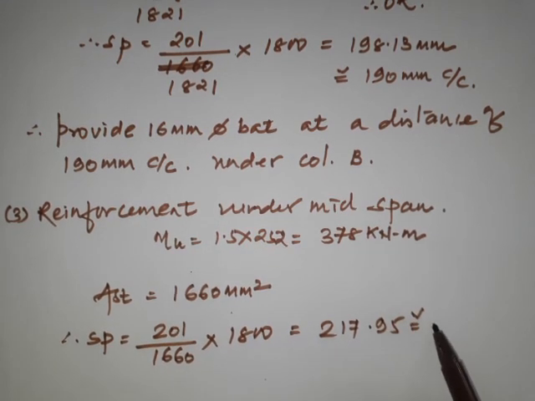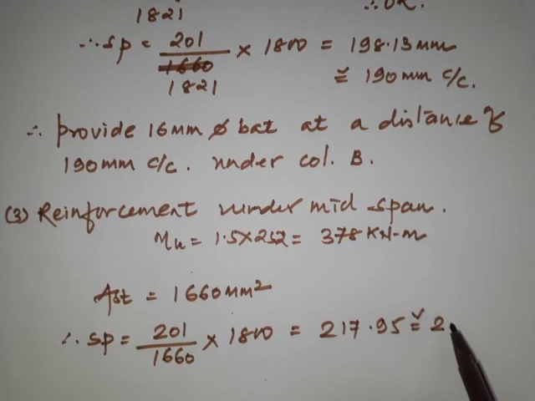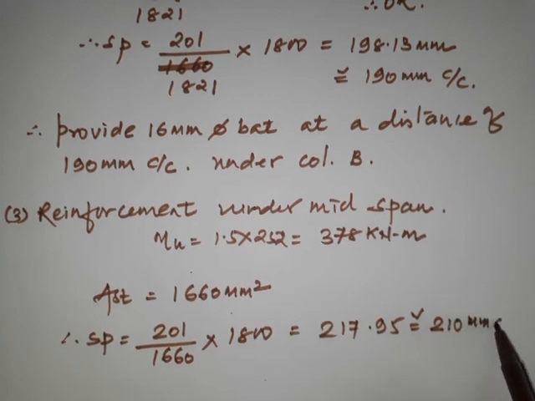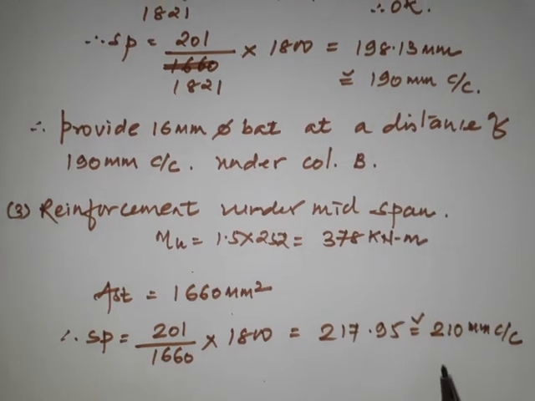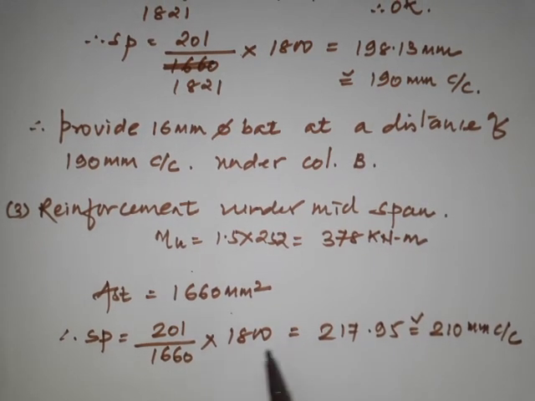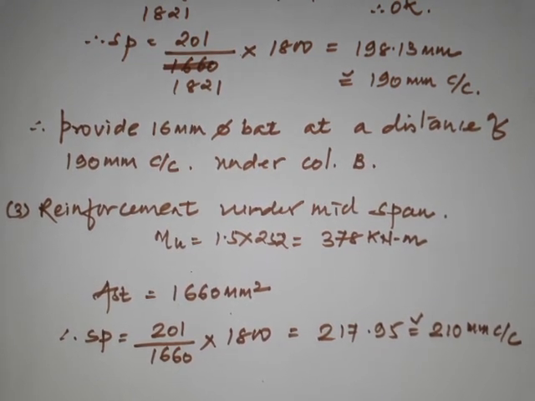So I consider as 210 mm center to center. So the same statement you have to write, hence provide 16 mm dia bar at a distance of 210 mm center to center under mid span.